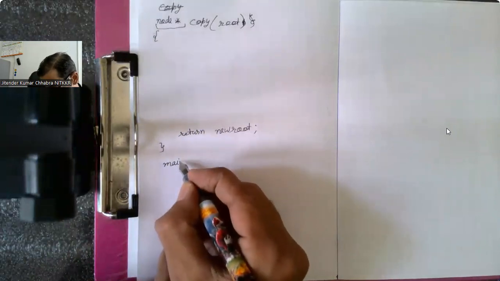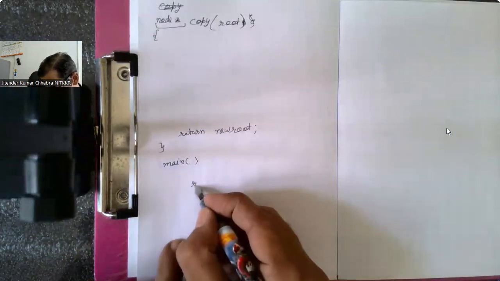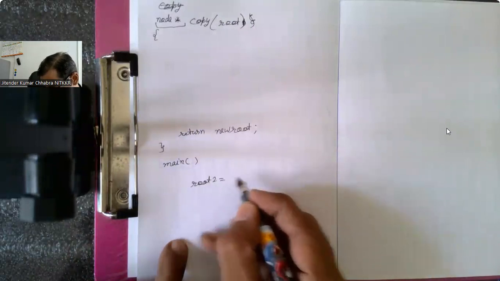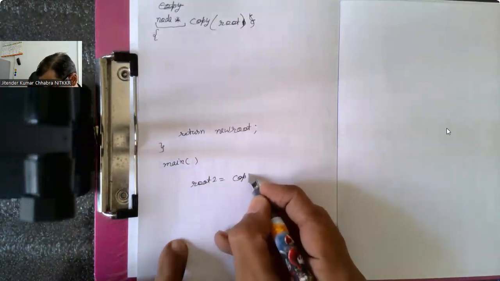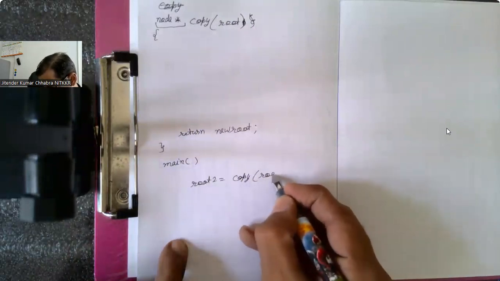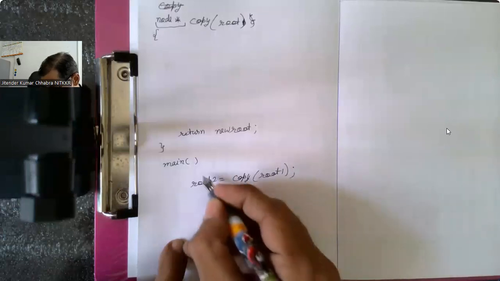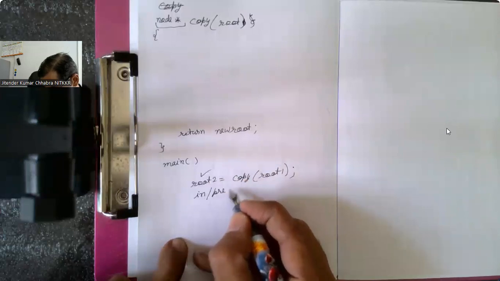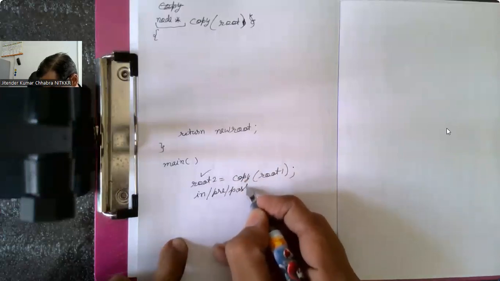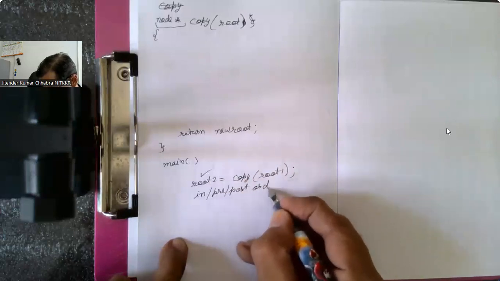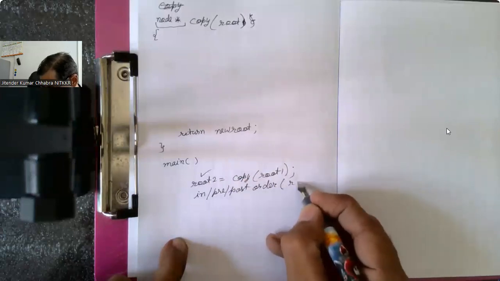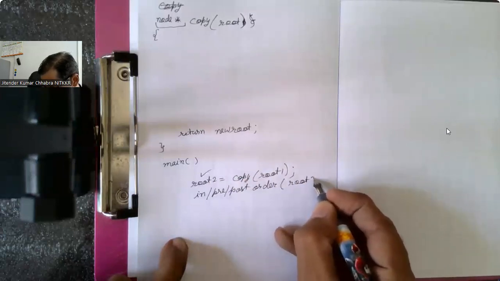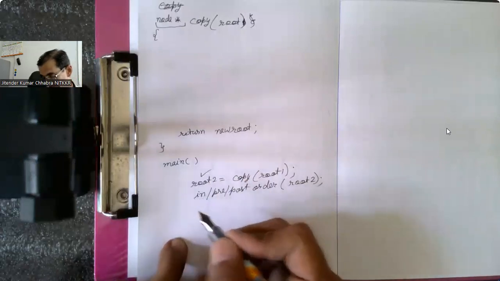And in main, my call will be something like root 2 equal to copy root 1. Then in-order, pre-order, post-order traversal over root 2 should give me the same output which root 1 was giving. This is what I have to ensure.